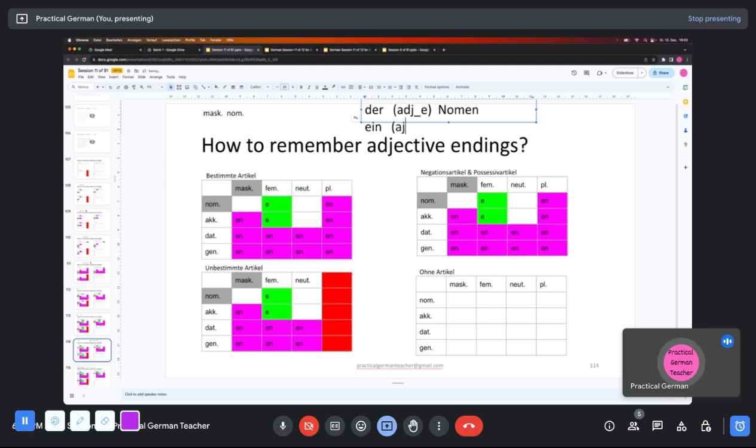Then here the adjective should end with "er". And for the Negationsartikel, masculine nominative? Kein. Even here the sound of "er" is not there, so you still have to make the adjective ending sound like "er". Possessive article, mein, dein: the sound of "er" is not there, so the adjective has to end with "er". If the sound is already there, then it need not end with it. It can just end with E. This is how you remember this.